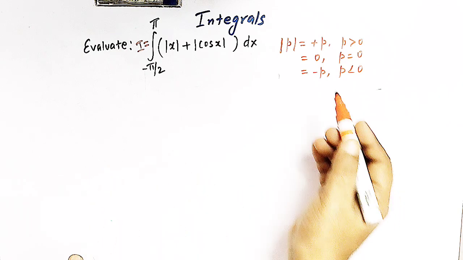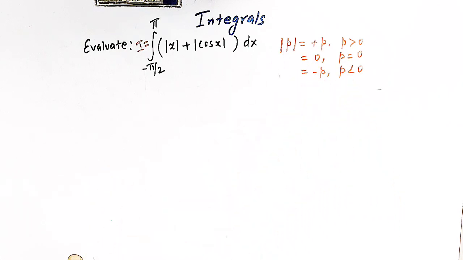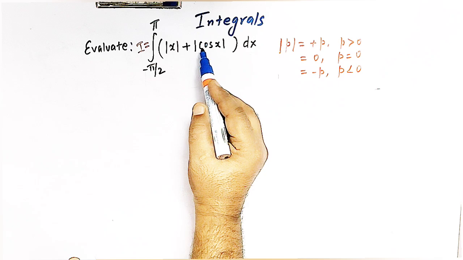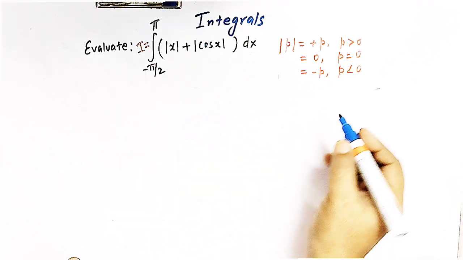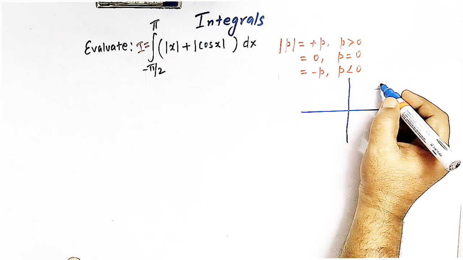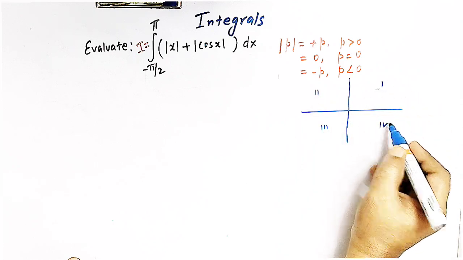Now here, apart from using the definition of mod function, we'll also make use of the sign convention of trigonometric functions in four quadrants. So let us see the sign convention for cosine function in the four quadrants. Here we have the quadrants. This is first, this is second, this is third, and this is fourth.